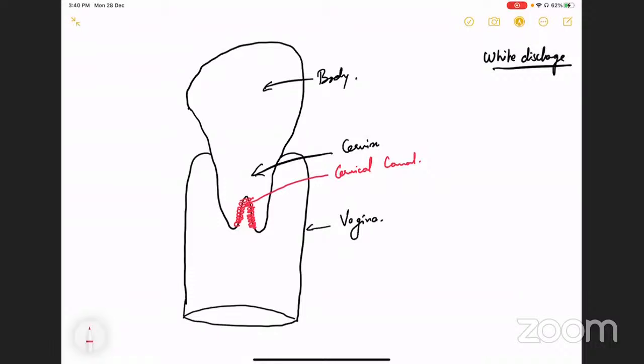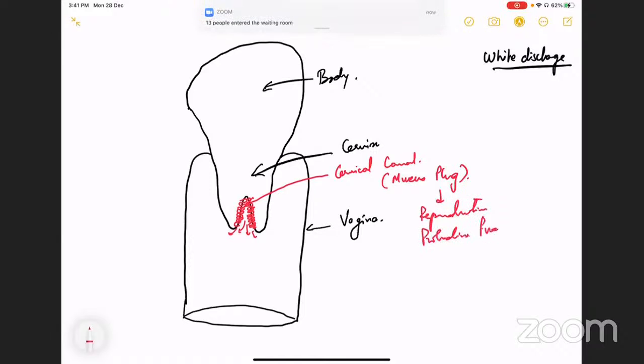The commonest thing which they produce is mucus. And remember, the mucus plug produced by the cervix has a lot of functions. It has reproductive functions, and in pregnancy, it has protective functions for early pregnancy. So these are the two very important things which are being produced.